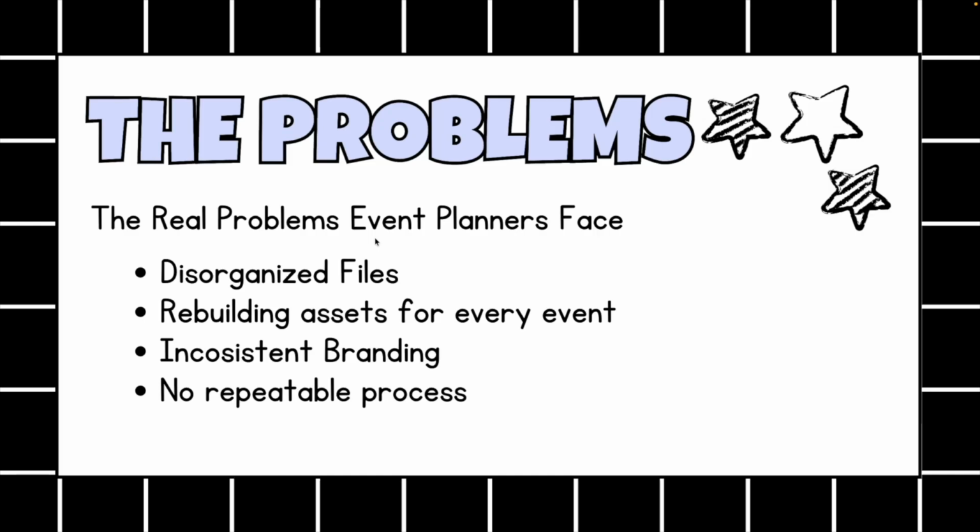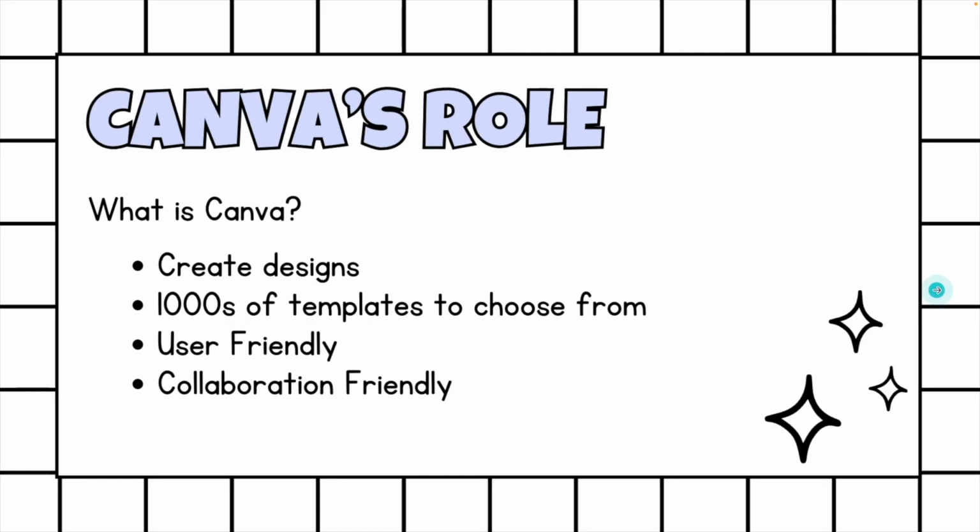And then finally, the absence of repeatable processes. I believe without it, planning becomes unpredictable and inefficient. So by understanding these key issues, we're going to be able to start exploring solutions that streamline workflows and enhance efficiency in Canva. We're going to first backtrack, though, into Canva.